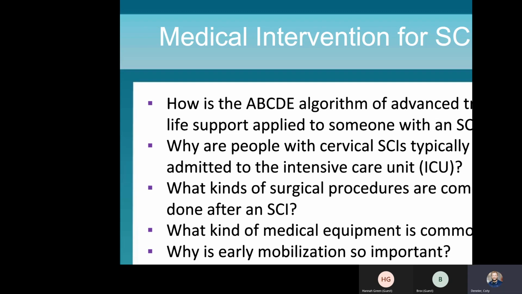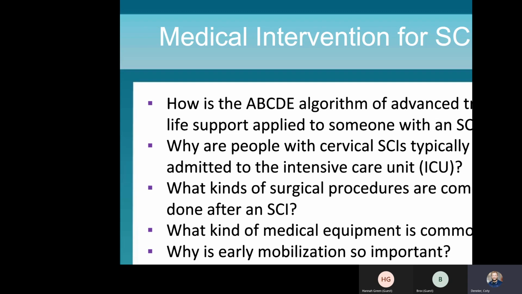The reason that they do the ICU admission is because anybody that has a C level spinal cord injury, any C level, okay, from C1 you're gone, and then C2 down you have varying disability.